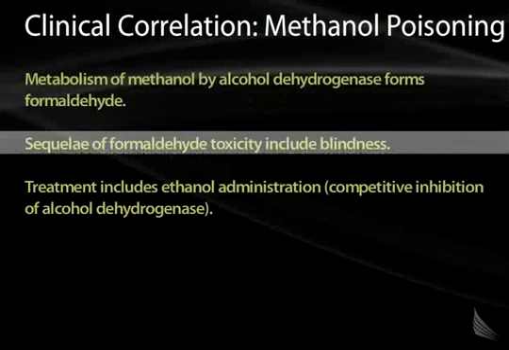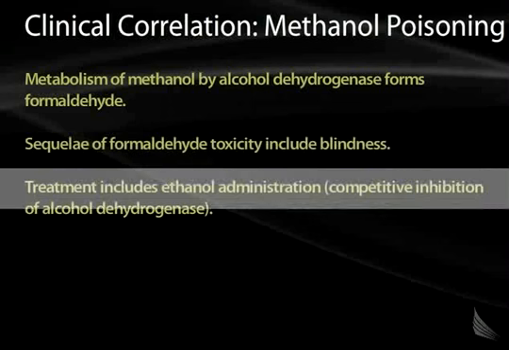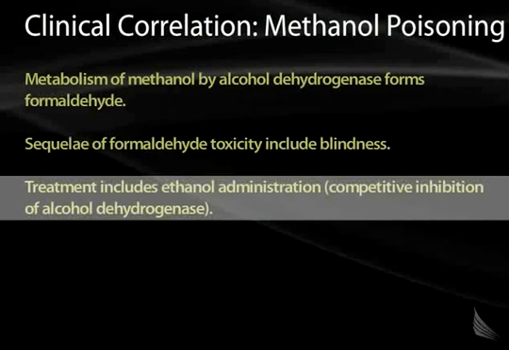One of the sequelae of formaldehyde toxicity is blindness, and so people who consume methanol may lose their vision because of formaldehyde toxicity. The treatment of this disease is actually ethanol administration. If you give somebody ethanol, this competitively inhibits the alcohol dehydrogenase. It competes with methanol for metabolism and prevents the conversion of methanol to formaldehyde and decreases the toxicity associated with methanol poisoning.